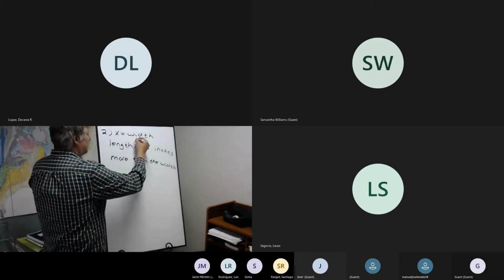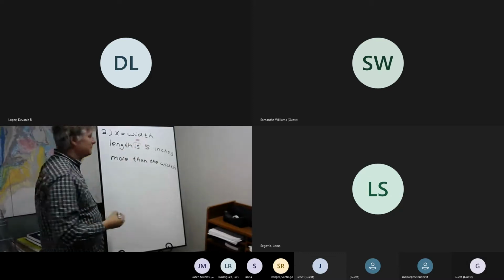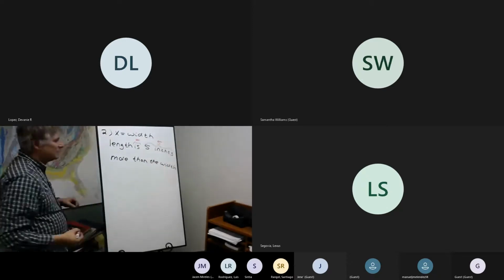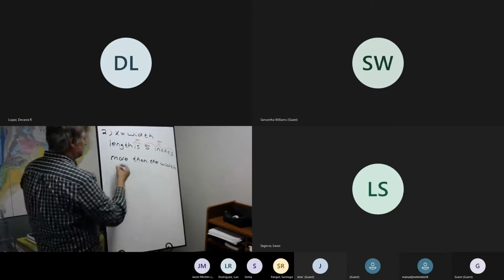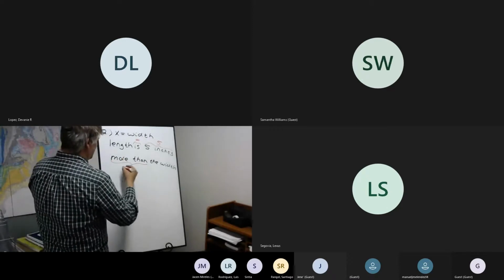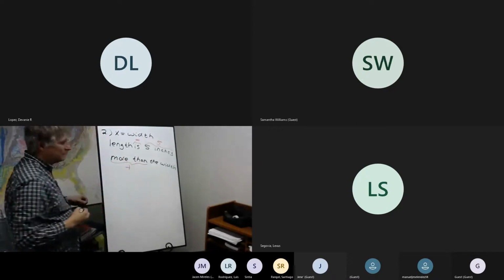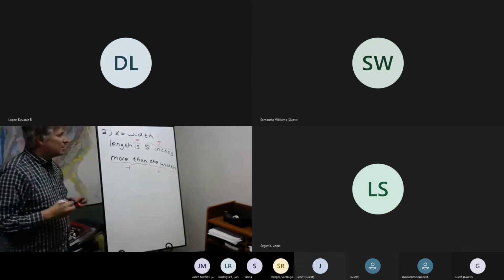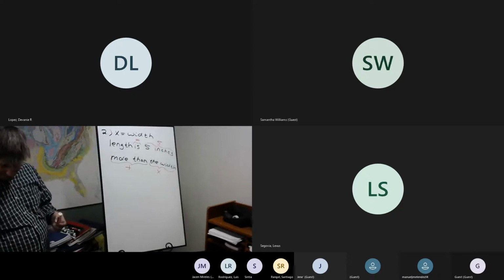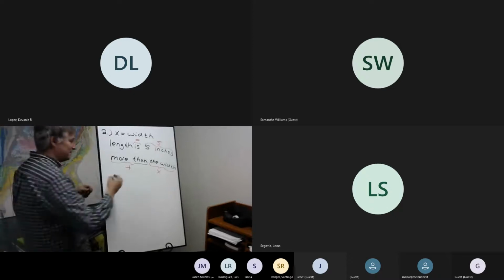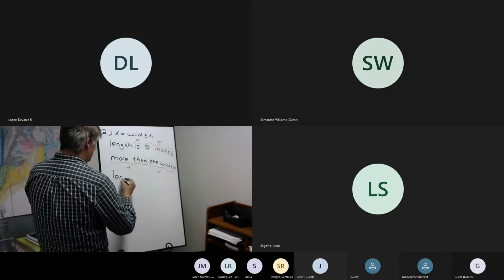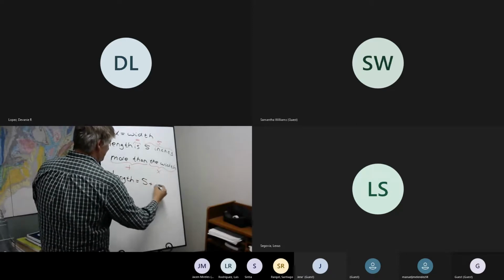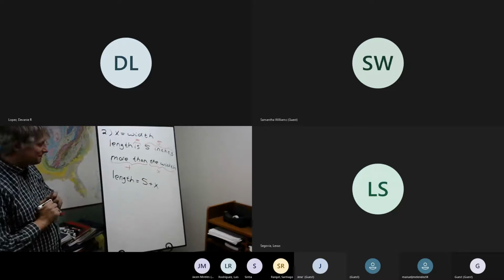But here, that's your equals. 5 inches, we can just call that 5. More than, that's going to be plus. And then the width, well, we call that x. So what that says is that the length is 5 plus x.